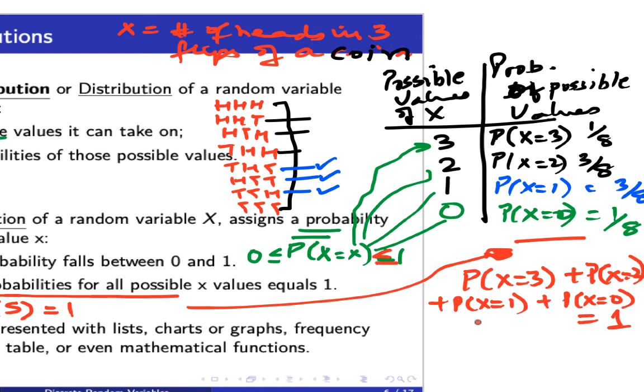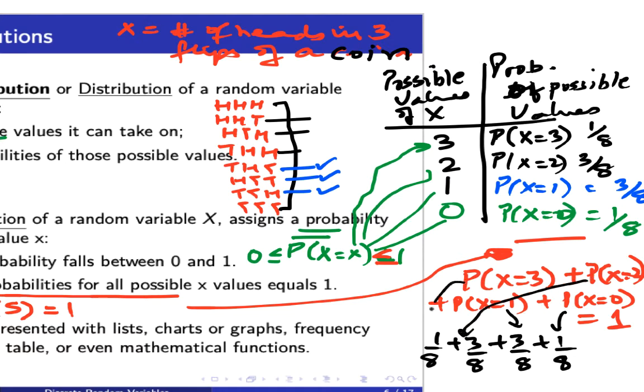Okay, let's do the math. So on the left hand side, probability of x equals 3 is what? 1/8 plus 3/8, that's the probability when x is 2, plus when x is 1 again 3/8, and when x is 0 it's 1/8. So this equals the right hand side, which is 1.